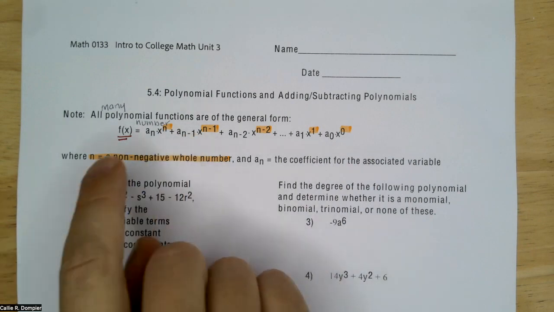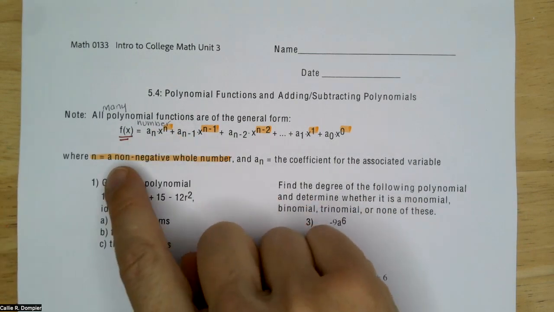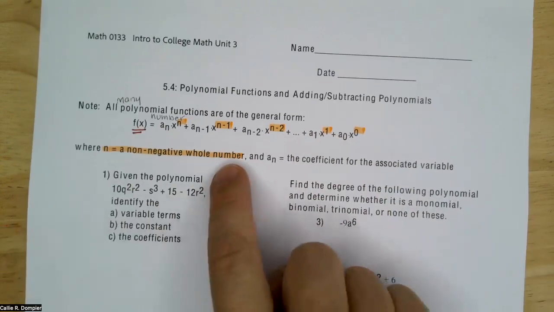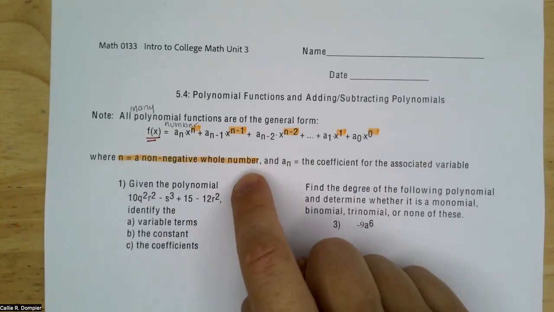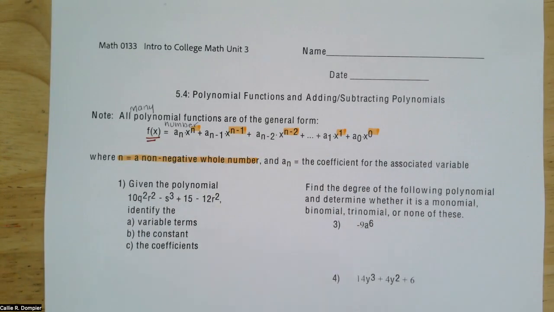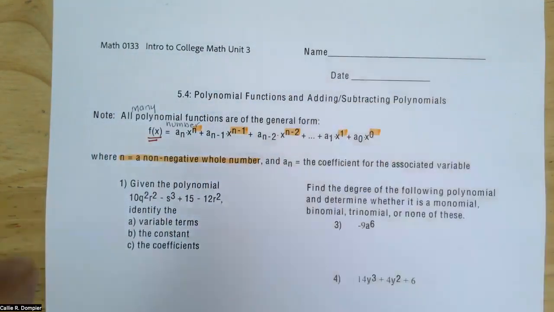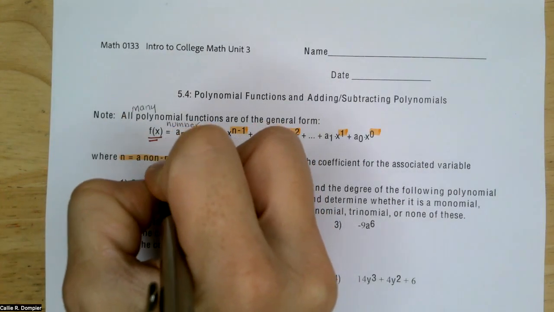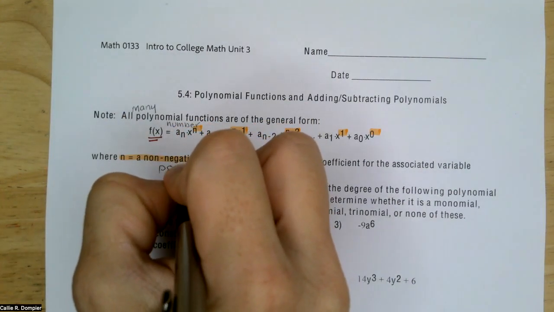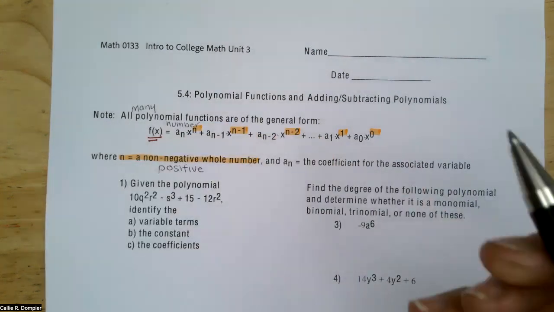But I just want you to see that we're talking about when the exponent is a non-negative whole number. 1 is also a non-negative whole number, and 0 is a non-negative whole number. We're just saying that all of the exponents are going to be positive. Non-negative means positive or 0.